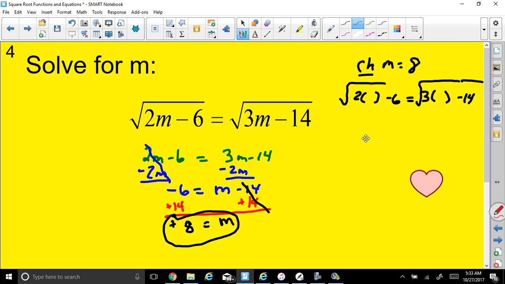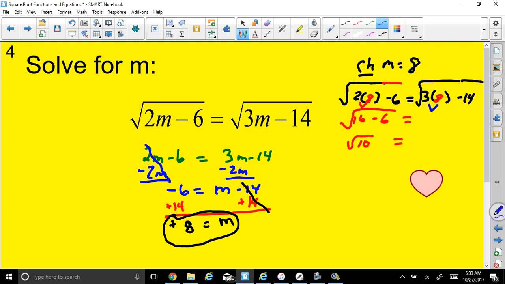So let's place the 8 in for m in both of these. So I have 2 times 8, which is 16, and don't forget this is underneath, so draw your radical sign correctly. And we have 16 minus 6 in our radical sign. By the way, that 16 minus 6 is radical 10. So let's take a look at what this is equal to on the other side.